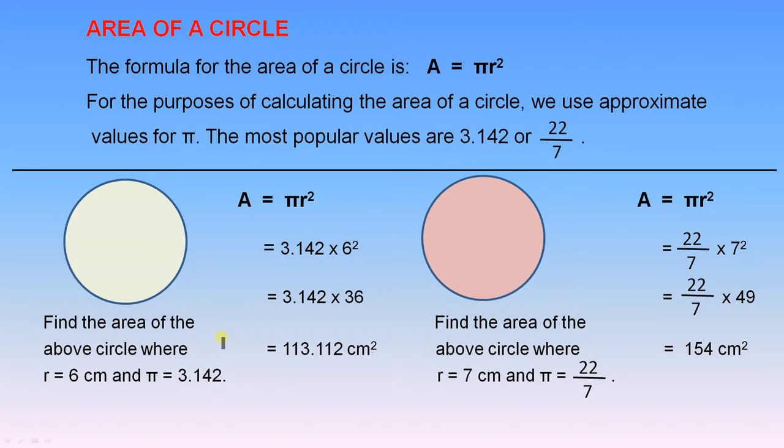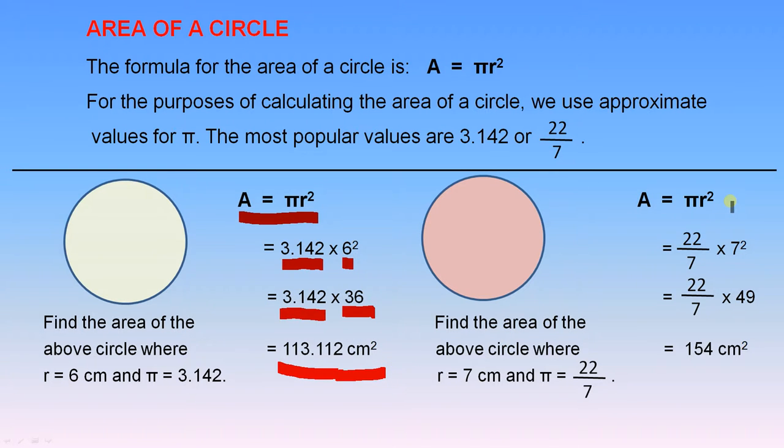Here's an example. Find the area of the above circle where r equals 6 centimeters and pi equals 3.142. As stated above, the area for the circle is A equals pi r squared. So substituting in the values, the radius is 6, so pi times 6 squared. Now 6 squared is 36, and there is the area of the circle.